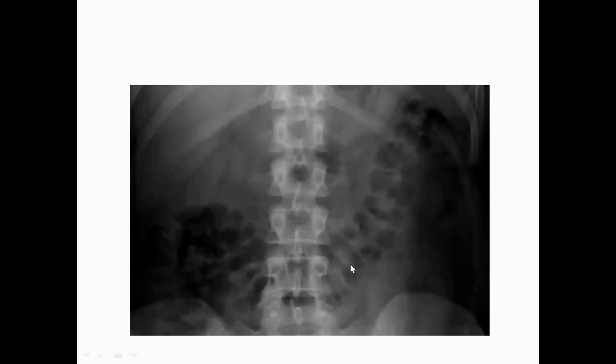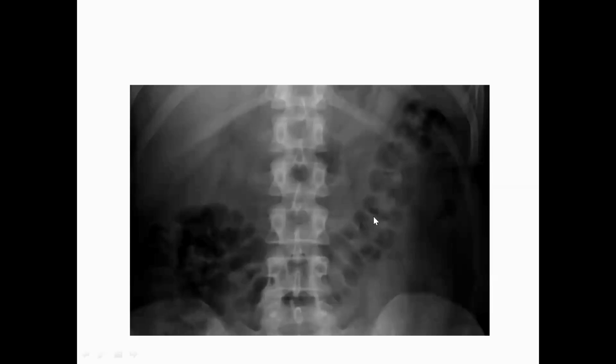The shape of the large bowel is haustra, like sacculations, and the mucosal fold of the large bowel is incomplete.